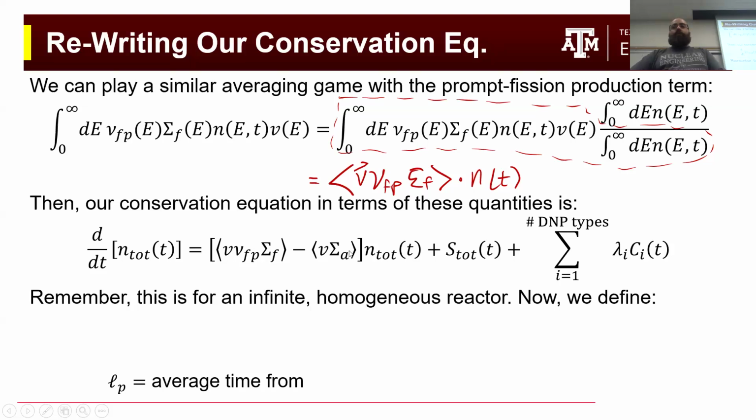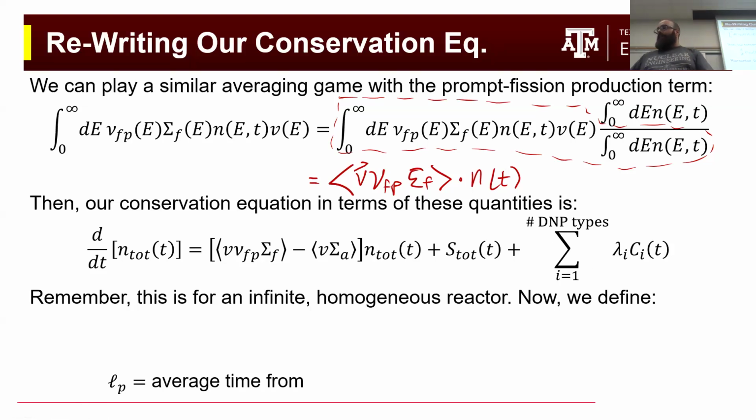I end up with two terms that contain that total density. One of them was my prompt fission term, which had a plus sign. The other one was my absorption term, which had that minus sign. I've got my total source rate density. And then I've got my delayed neutron precursor term, which doesn't need to simplify further.